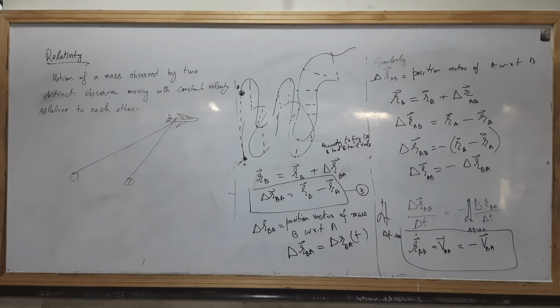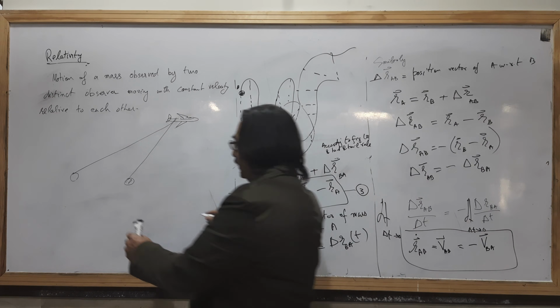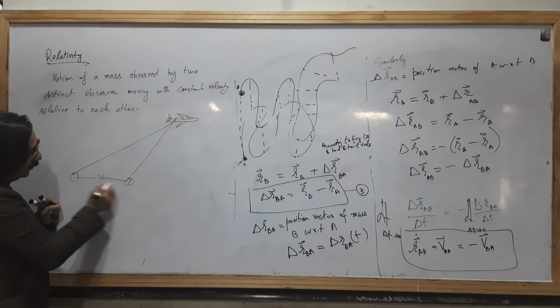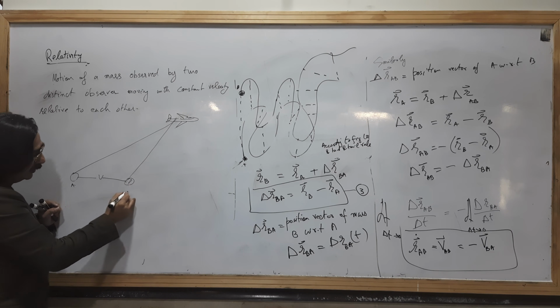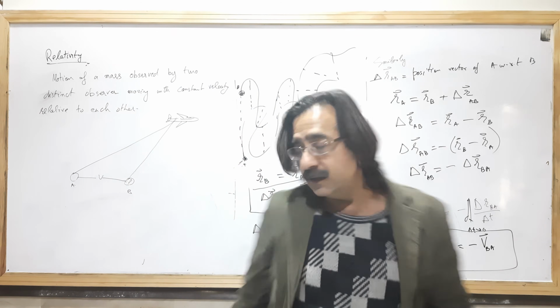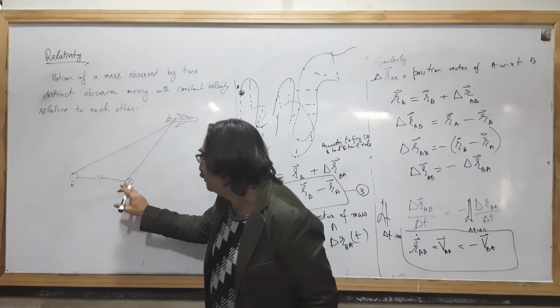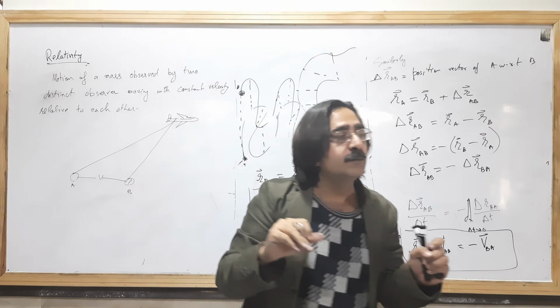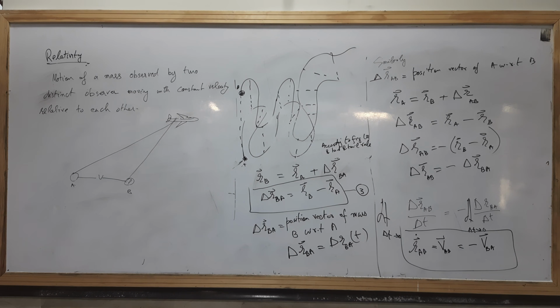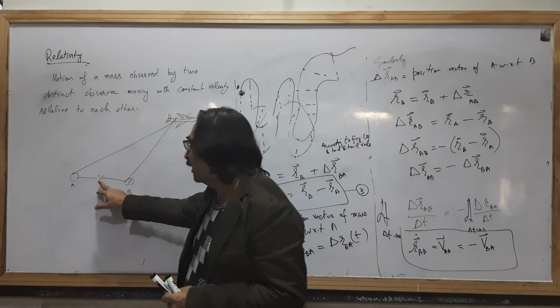Inertial frame means their relative velocity is constant. If this is observer A and this is observer B, the velocity of B with respect to A is constant, not changing, not a function of time.